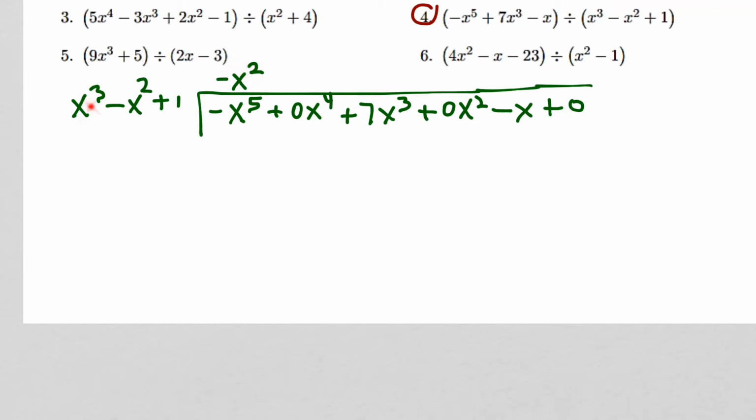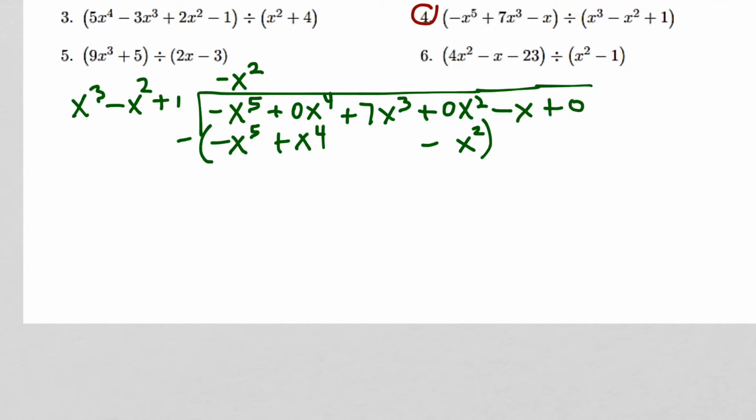So negative x squared times x cubed is negative x to the 5th. They have to match. Negative x squared times negative x squared is positive x to the 4th. And negative x squared times 1 is negative x squared in the x squared column.